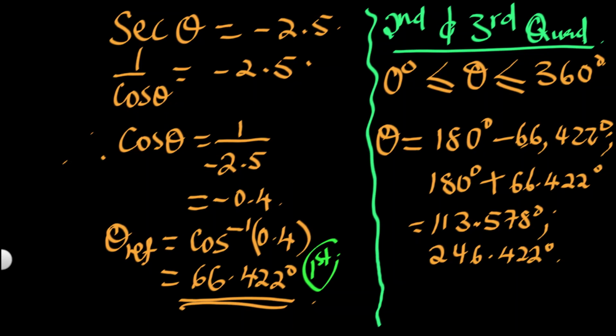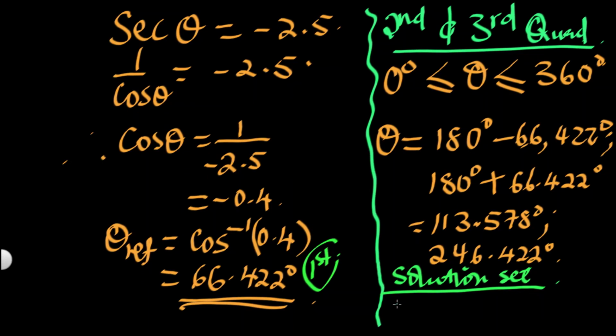Therefore, I'm writing my solution set. In other words, when you solve a trig equation, you don't just get one answer. You get a set of answers, several of them, and they should fall within the range that the question prescribed.